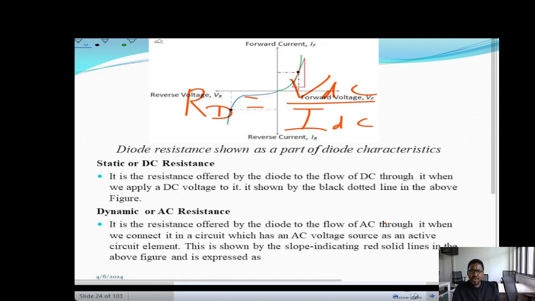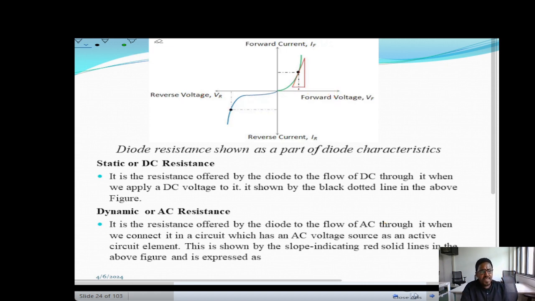For the second type of forward resistance, dynamic or AC resistance, it is the resistance offered by the diode to the flow of AC through it when we connect it in a circuit which has an AC voltage source as an active circuit element. This is shown by the sloped red solid line in the upper figure.